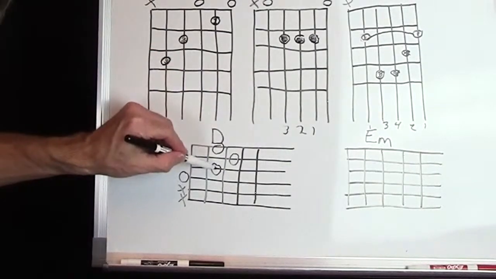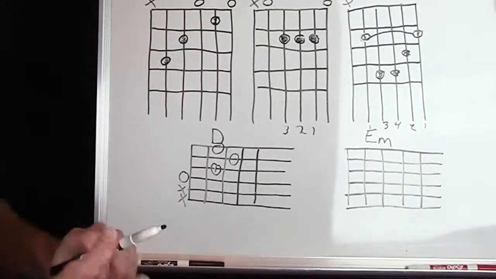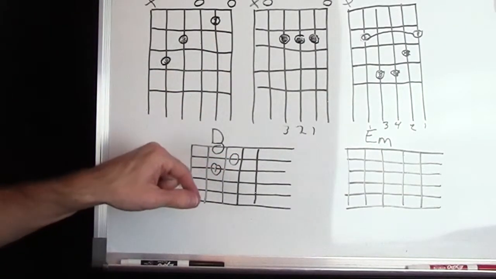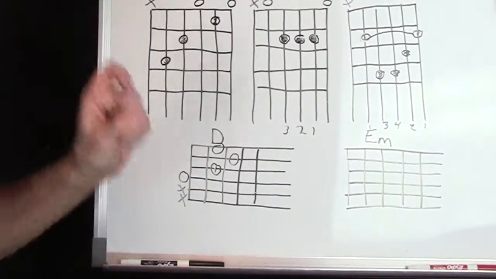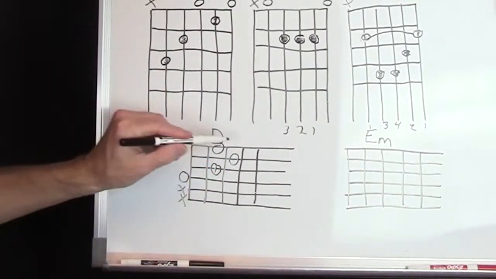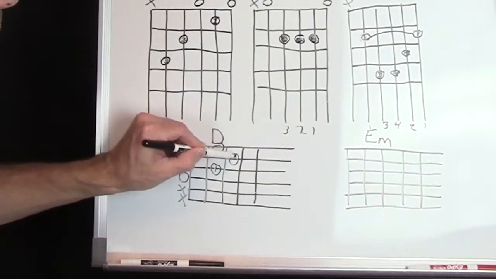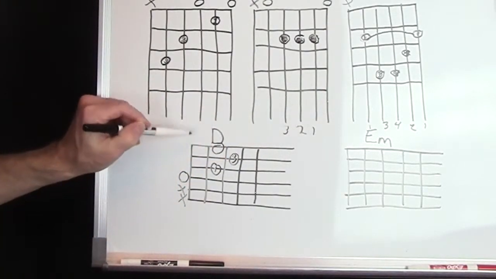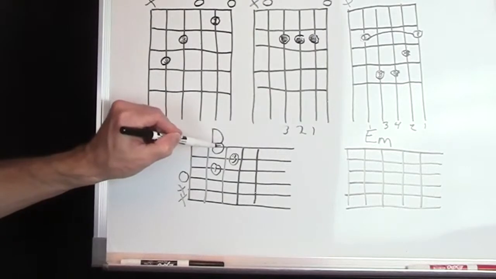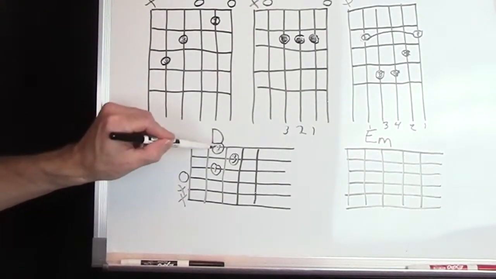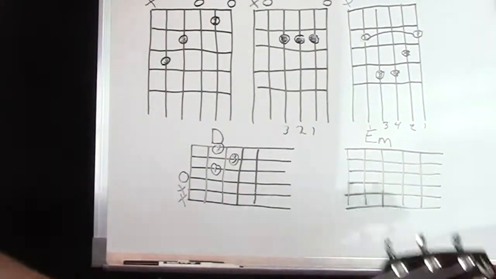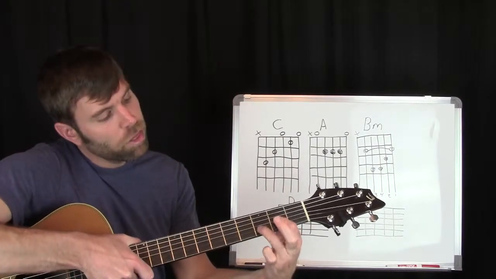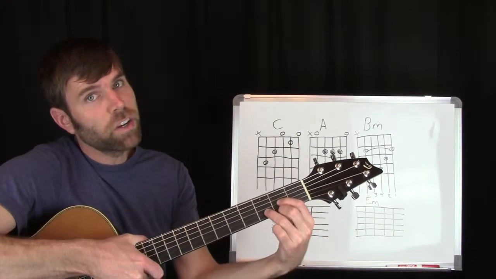Right here we would have our 1 for the first finger on the 3rd string, 2nd fret. 2nd string, 3rd fret, finger number 3, so ring finger. And on the 1st string, we would have our number 2 finger on the 2nd fret. So that's how that would look: a little triangle, with 1st finger, 3rd finger, 2nd finger.